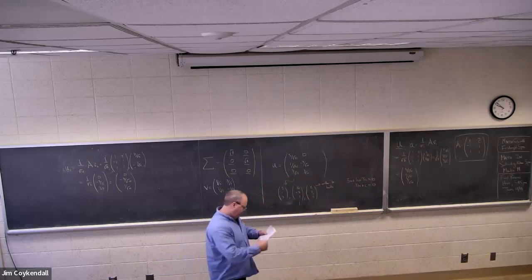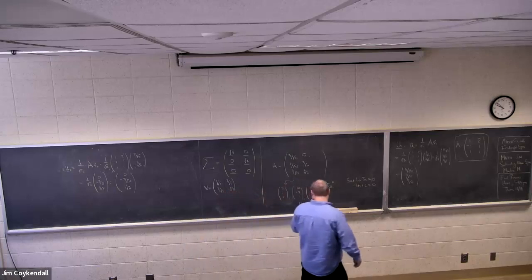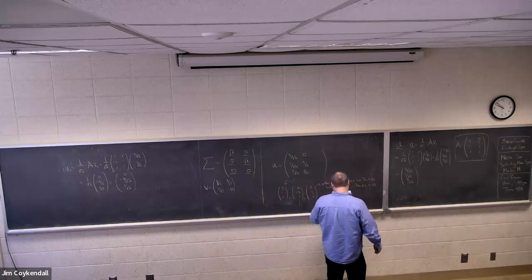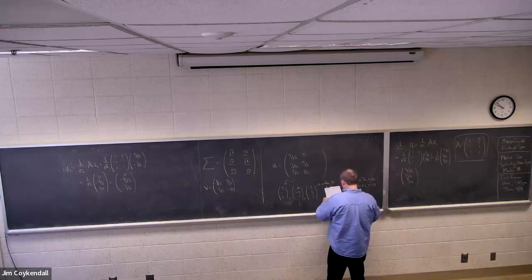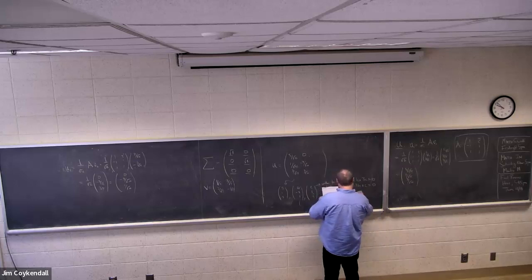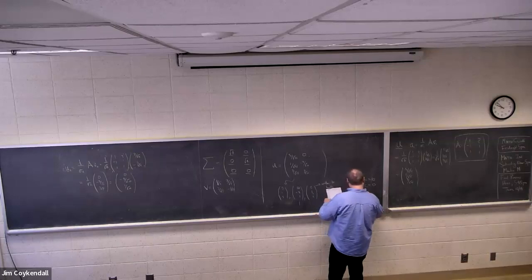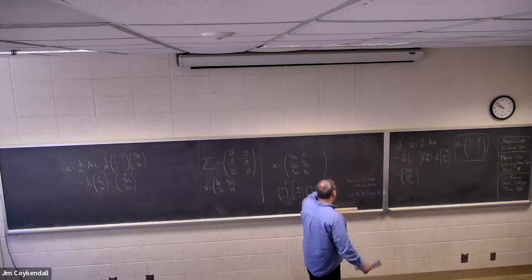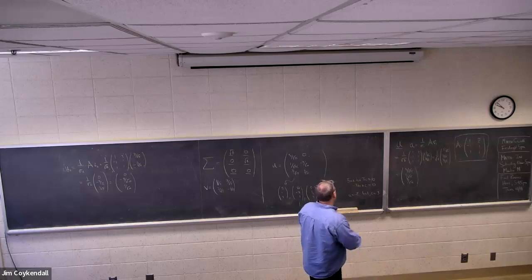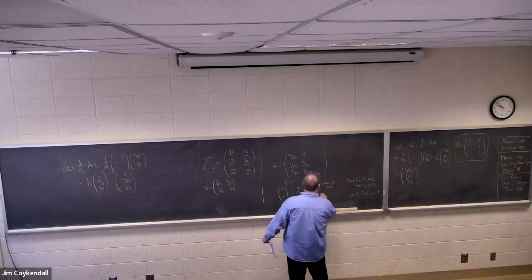I got A equals minus 2, B equals 1, and C equals 3, I guess. If that works. Minus 10, plus 1, plus 9. Yeah, that looks like it works. And so this vector is minus 2, 1, 3.